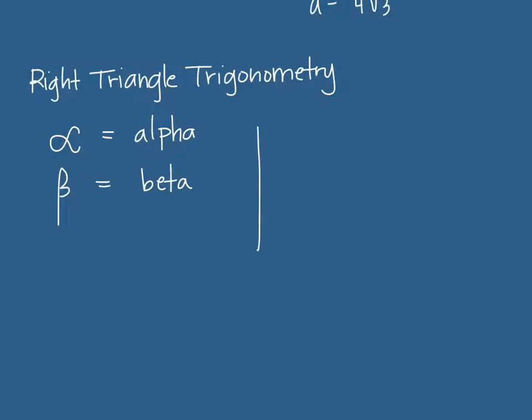And they go in certain places on the right triangle. So the 90-degree corner needs to always have a square in it. Alpha would always go in that lower corner that is basically going in the upwards direction. Alpha is sitting on the B side of the triangle.